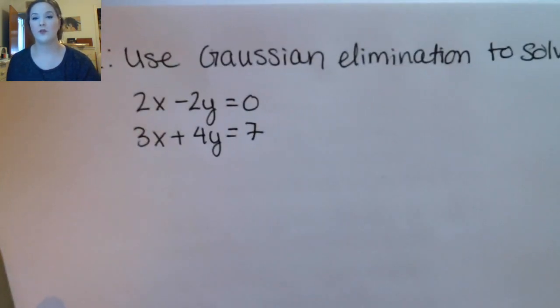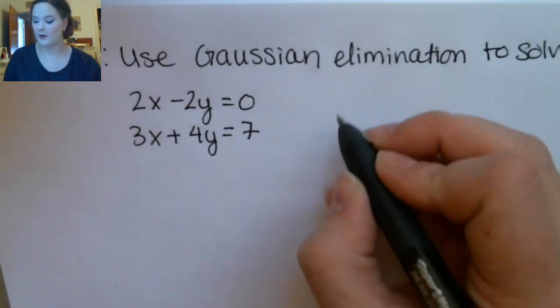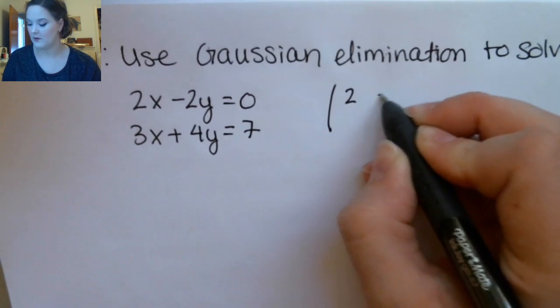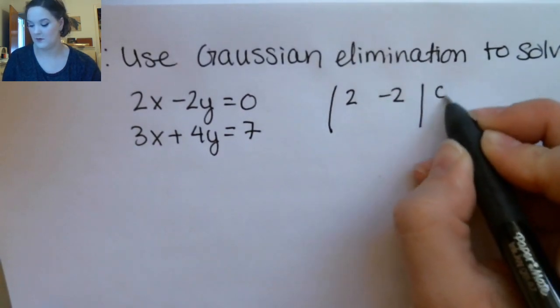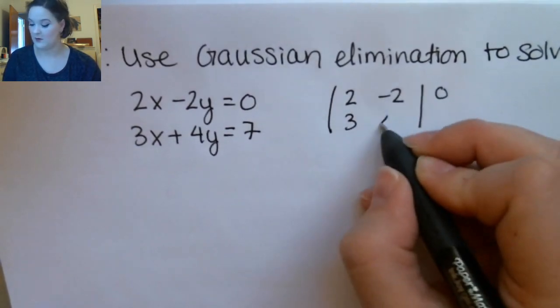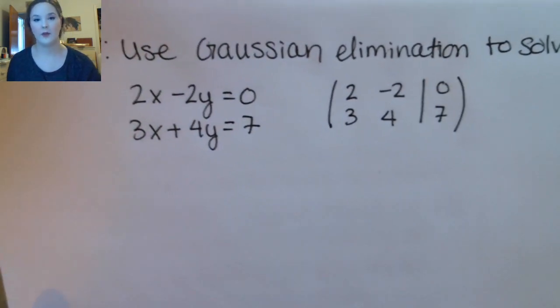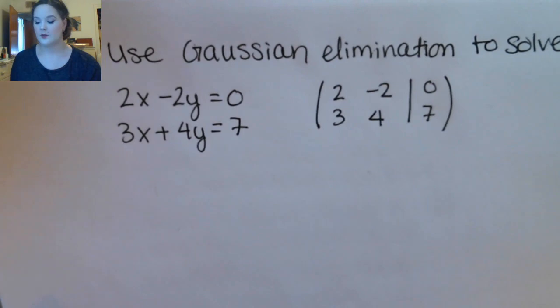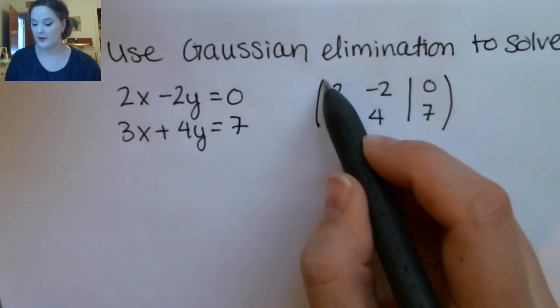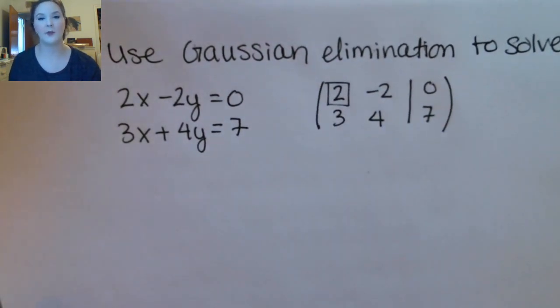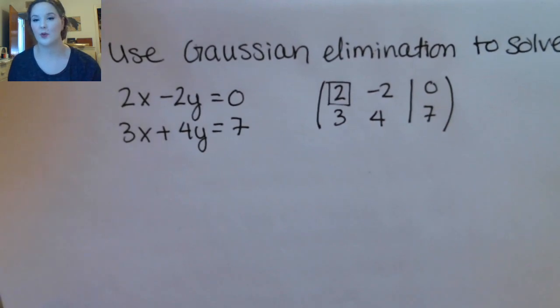So the first thing we're going to do is form the augmented matrix. We're going to start here with the top left entry, and we're going to use division to make this entry 1.